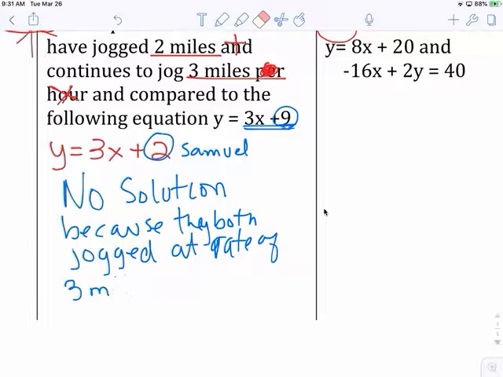MPH, we'll just put MPH. So because they both jog, the rate of change is the same, 3 miles per hour.